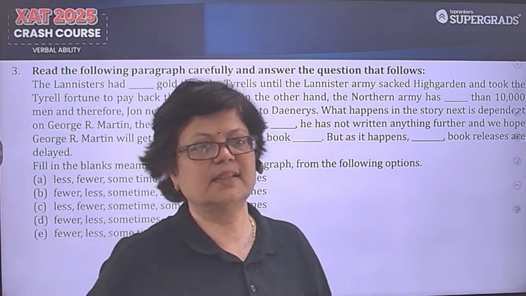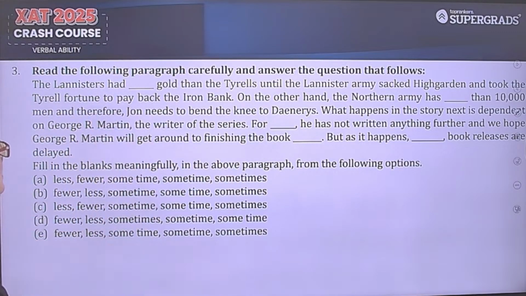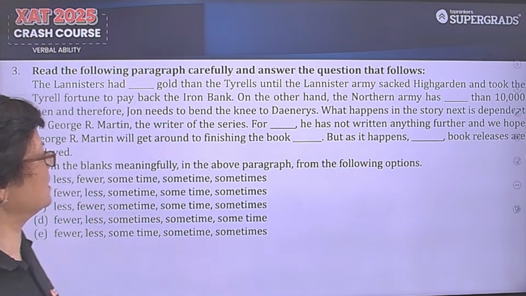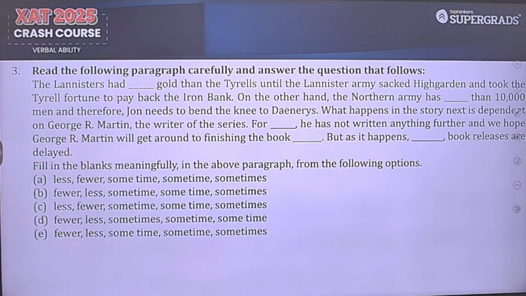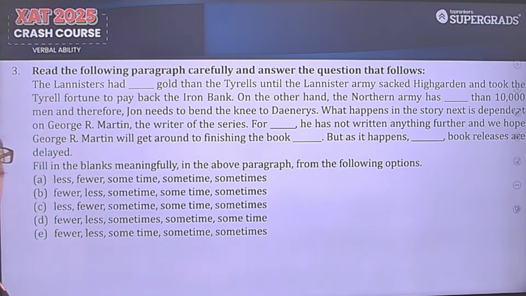I shall read out the sentence loudly. The Lannisters had dash gold than the Tyrrells until the Lannister army sacked Highgarden and took the Tyrrell fortune to pay back the Iron Bank. On the other hand, the Northern army has dash than 10,000 men, and therefore Jon needs to bend the knee to Daenerys. What happens in the story next is dependent on George R. Martin, the writer of the series.